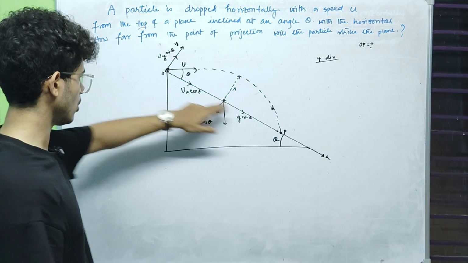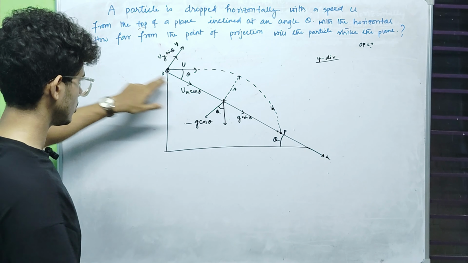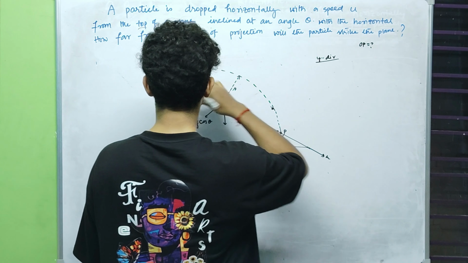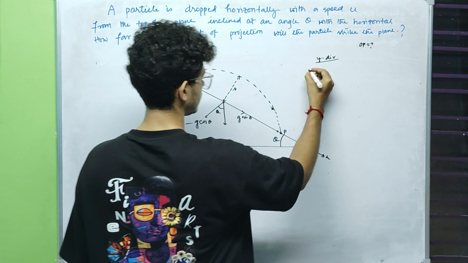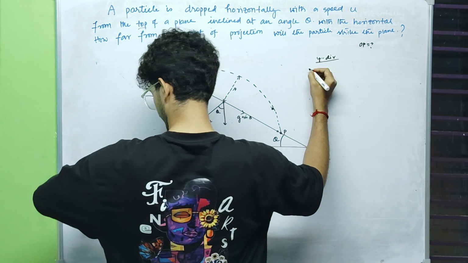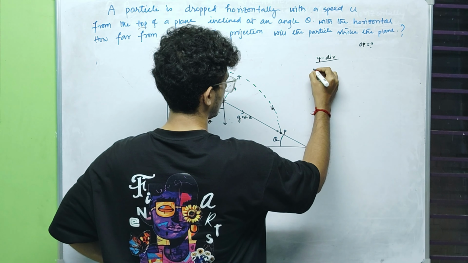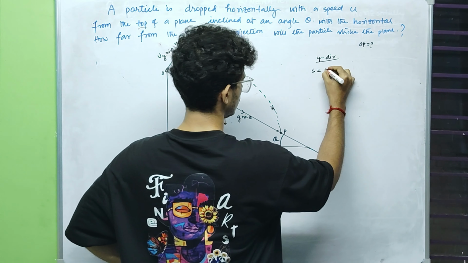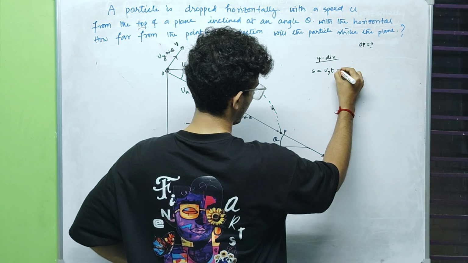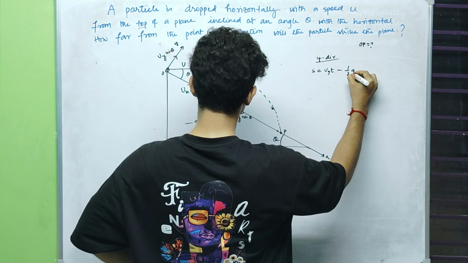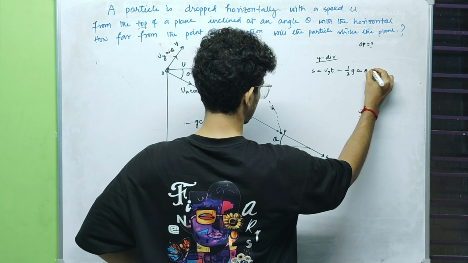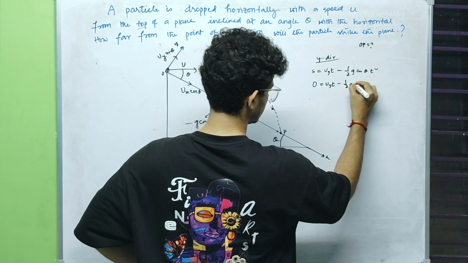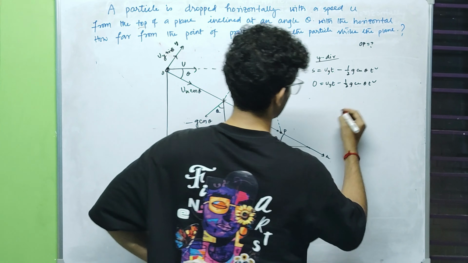This is 0 because the y directional displacement is 0 for the initial and final position. So we get s equal to uy t minus half g cos theta t square.